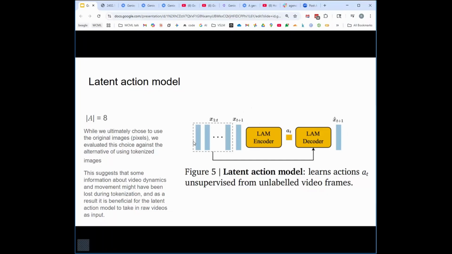The other interesting thing, they talked about it over here, I think, is that they actually ended up training this in pixel space, not in latent space, which was kind of handy. They surmised that maybe something during the quantization got lost, which I struggle a little bit with, because they are quantizing for the rest of the system. But anyhow, this is the model that they used for training the AT.